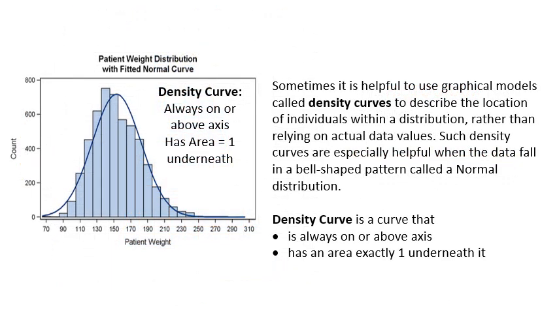All right, so here we want to talk about density curves, sort of some rules about density curves. Now, one of our density curves is called the normal curve, but density curves are useful so that we can look at areas rather than have to sit and count observations. So sometimes it's helpful to use a graphical model called a density curve to describe the location of an individual in the distribution.